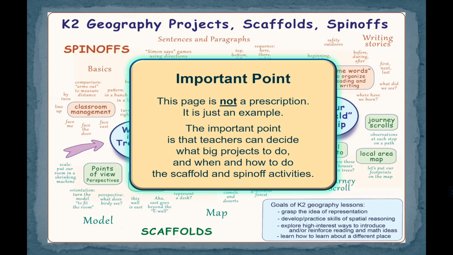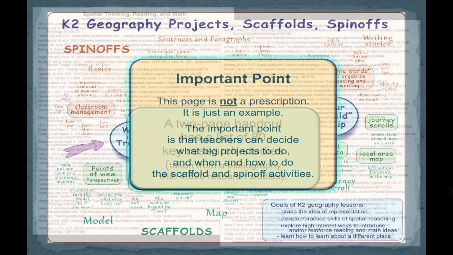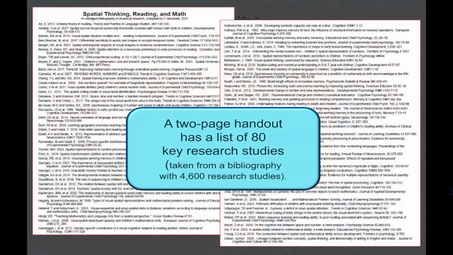Teachers have to decide what big projects they want to do, when and how to do the scaffold and spin-off activities. And if you need to defend this to your school administrators, we give you a 2-page handout with 80 key research studies that were taken from a bibliography that now has 4,600 research studies around the world.